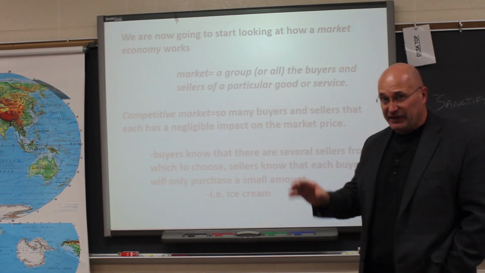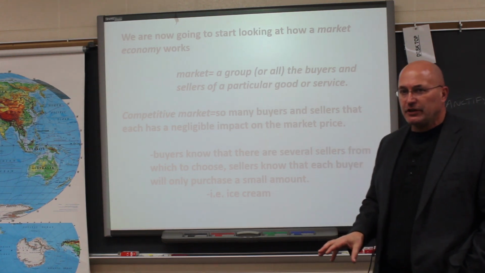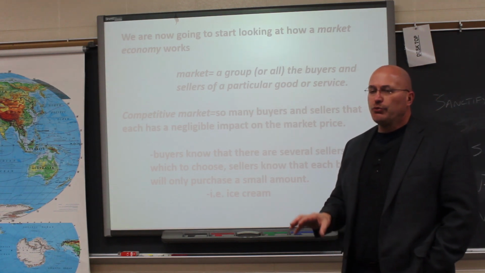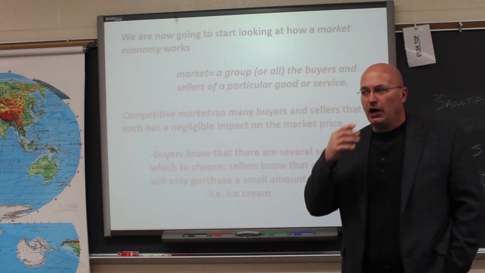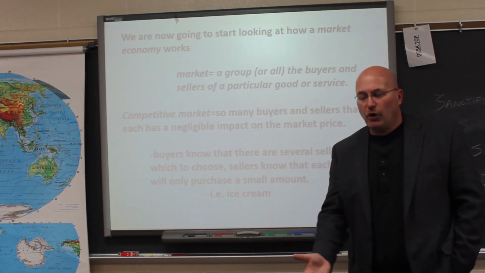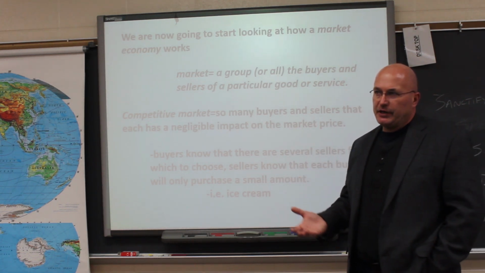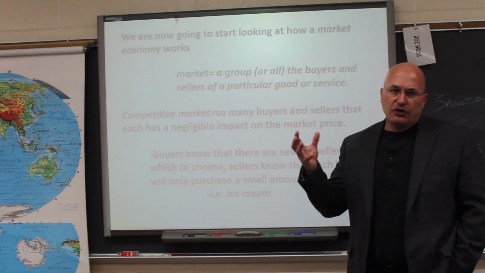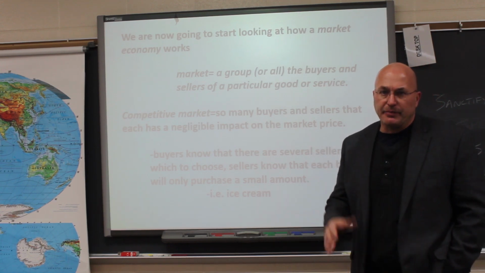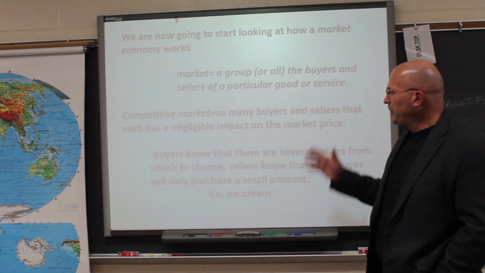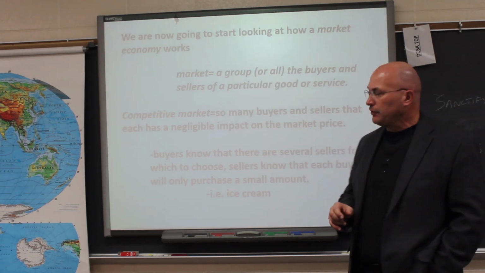It's not a place, it's a group. All the buyers and sellers of a particular good or service. So we talk about the construction market, the food market, the restaurant market, the housing sales market, the automobile market, the market for petroleum, etc., etc., etc. All the buyers and sellers of that particular good or service.